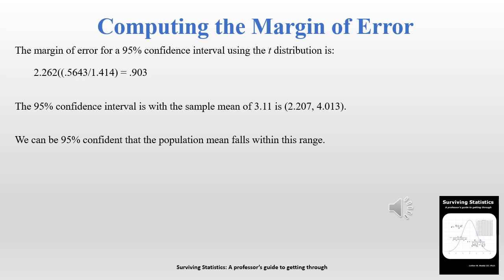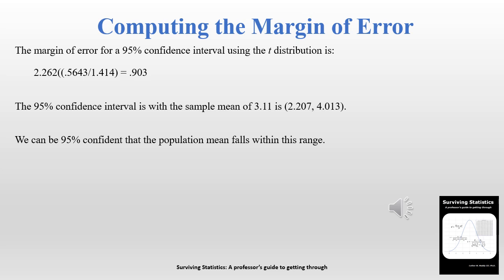So computing now the margin of error, we use the t-score, the sample standard deviation, and the square root of the sample size, giving a margin of error of 0.903. We then add that to and subtract it from 3.11, and we get a confidence interval of 2.207 to 4.013. So we can be 95% confident that the population mean will fall within that range.